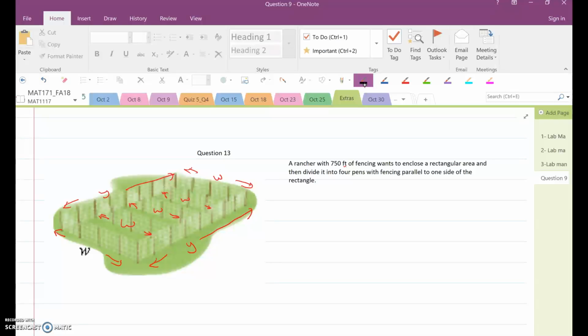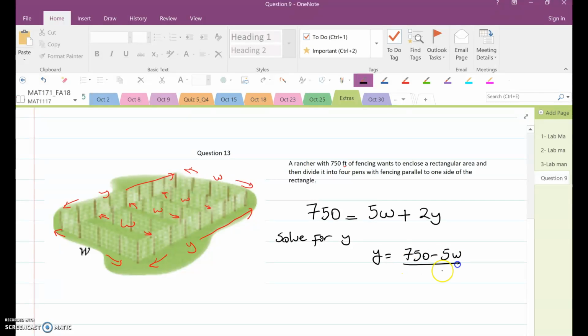So what I think when I first look at it, I have a perimeter of that thing, and I have only 750 feet for 1, 2, 3, 4, 5 W's and 2 Y's. Okay. Now this will help me to write down Y in terms of W. So then I will solve for Y here. Then I will obtain Y as 750 minus 5W over 2.